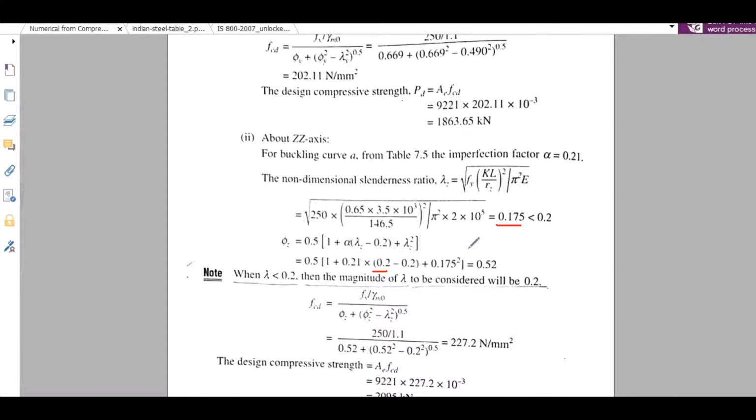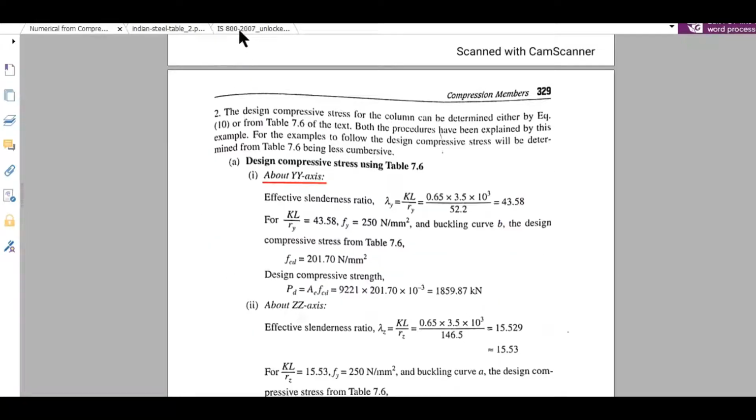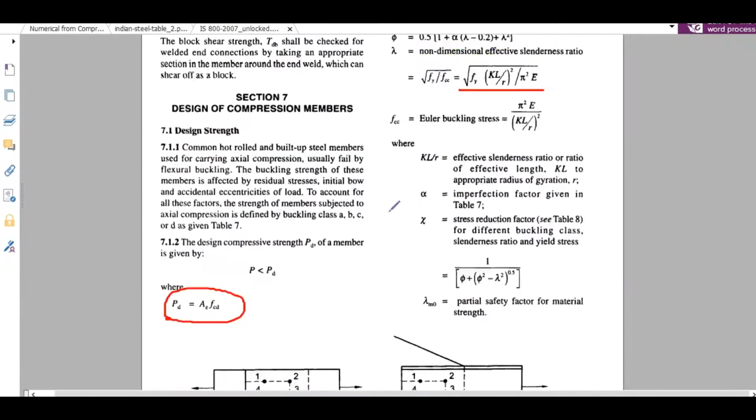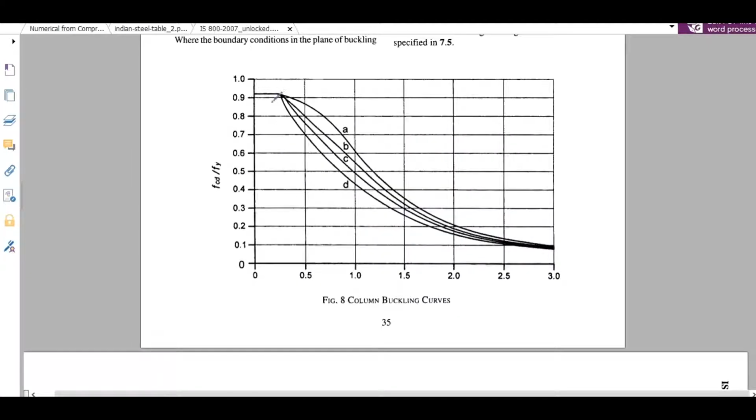The interesting thing here is that the value of lambda, that means the non-dimensional slenderness ratio, should be at least 0.2 or more. Why? Because if you see this graph, this value is equal to 0.2 here.